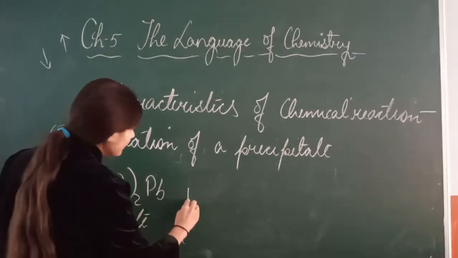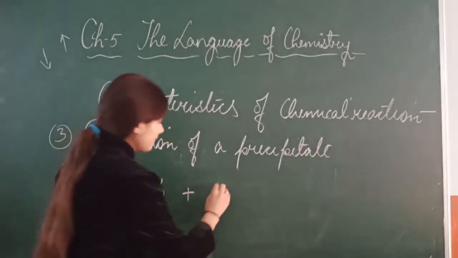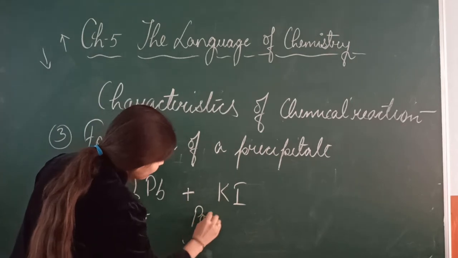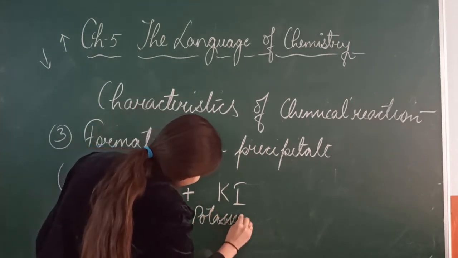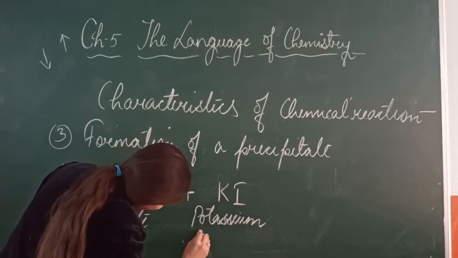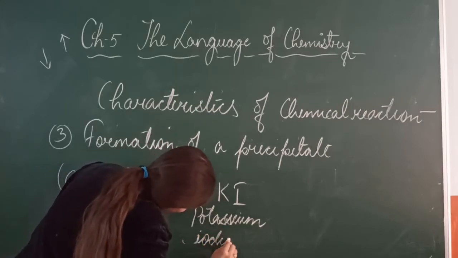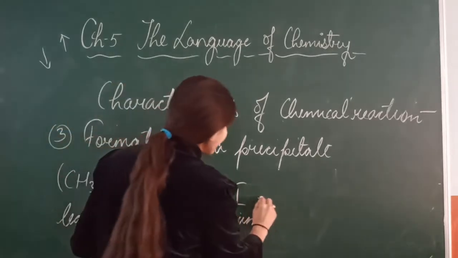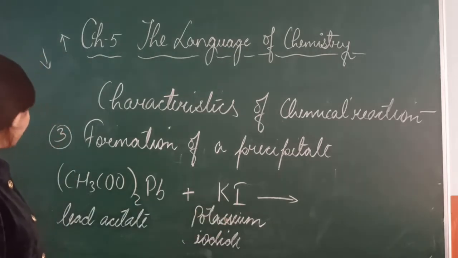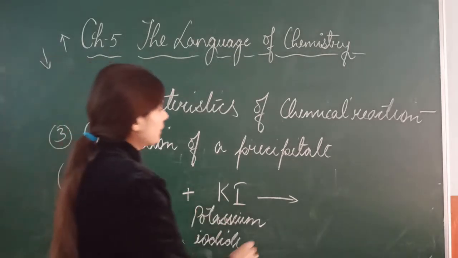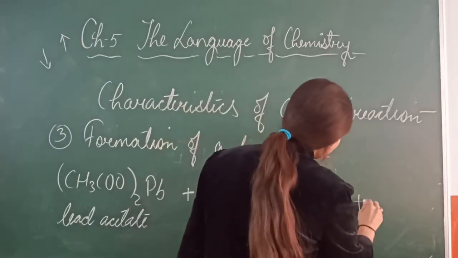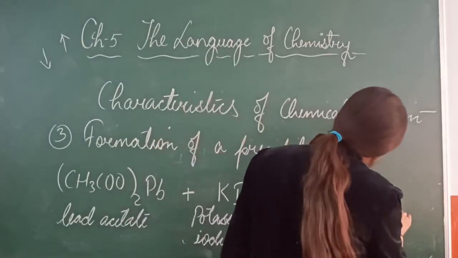When it reacts with potassium iodide, that is KI, it will give lead iodide and potassium acetate. So PbI2 you will get, plus potassium acetate, CH3COOK.